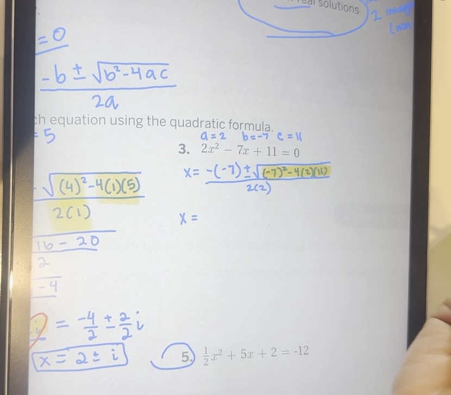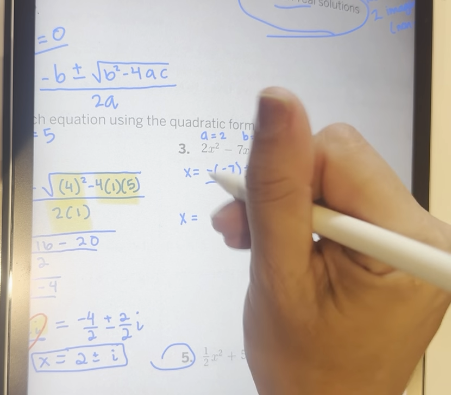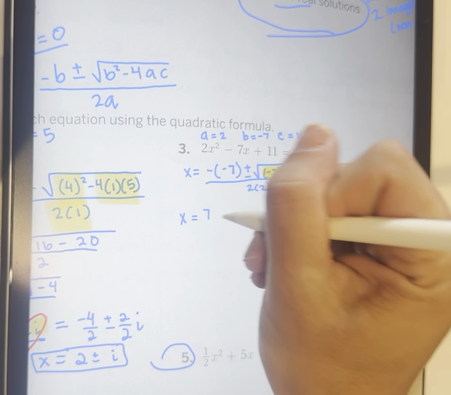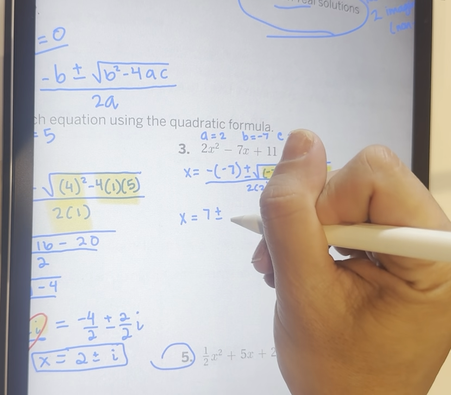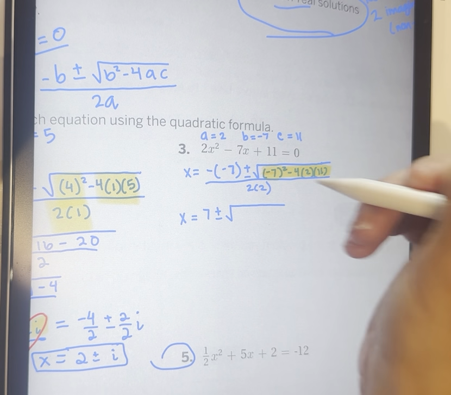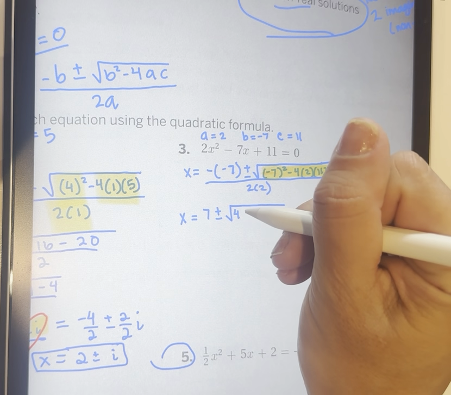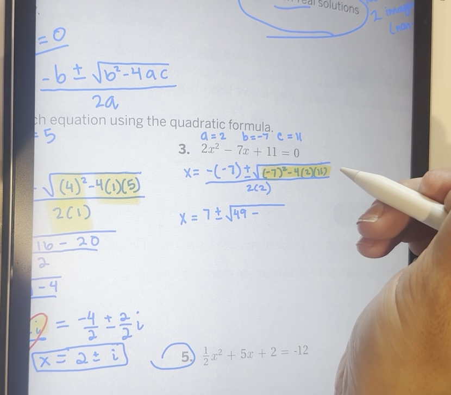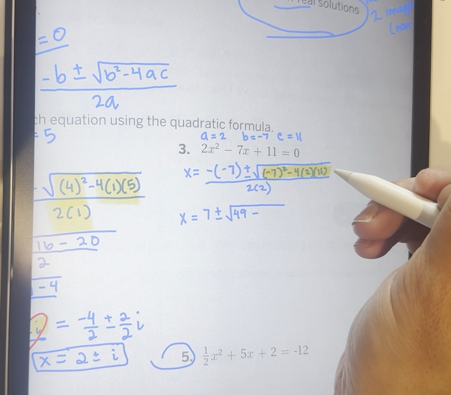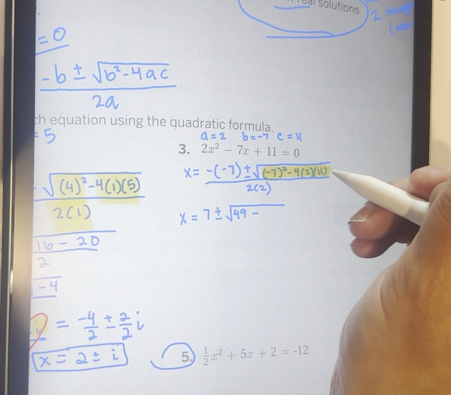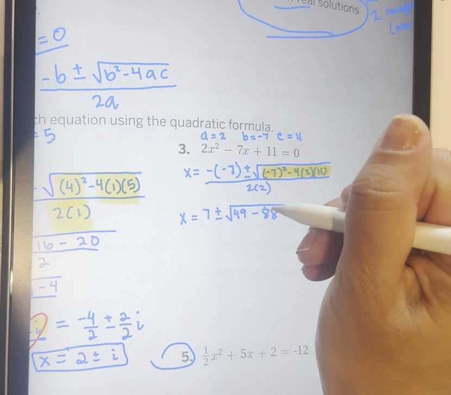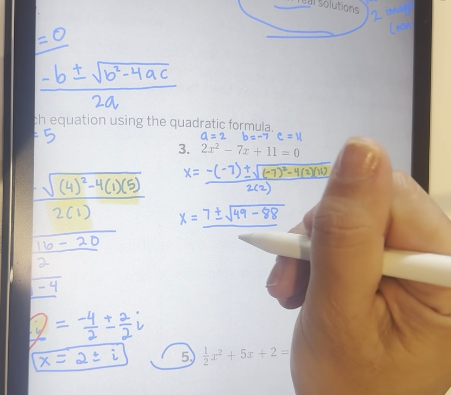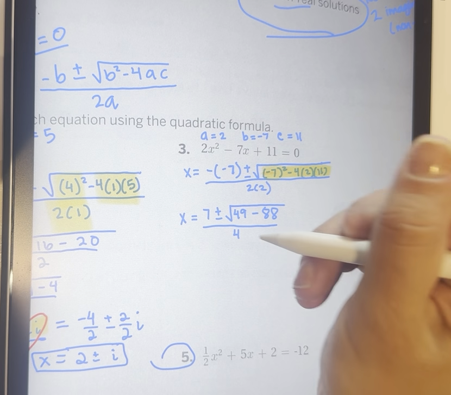So we have, I'm not going to do that. I want to simplify it. Negative negative 7 is 7, plus or minus the square root. Negative 7 squared is 49, minus 4 times 2 is 8, times 11 is 88, all divided by 2 times 2 is 4.